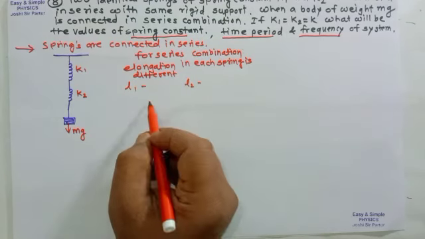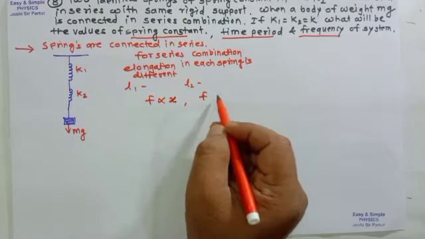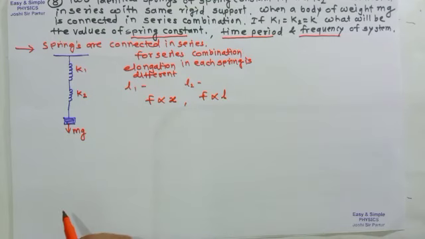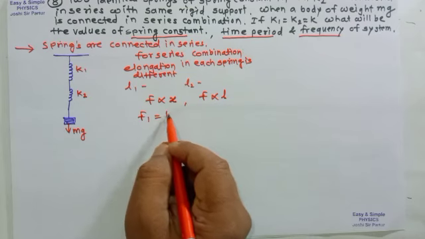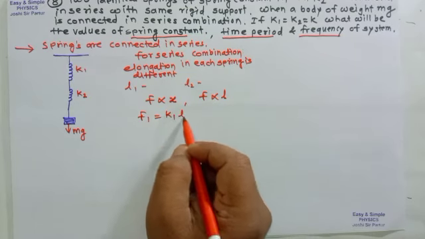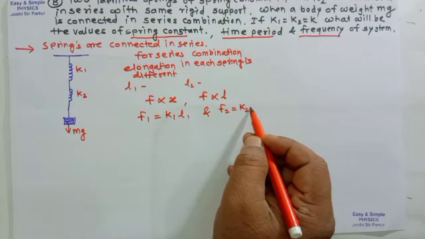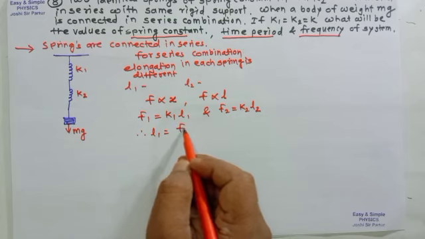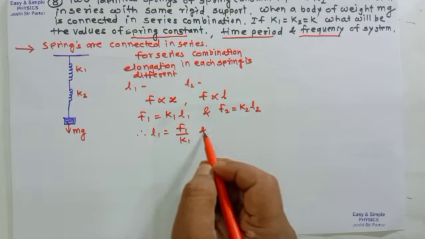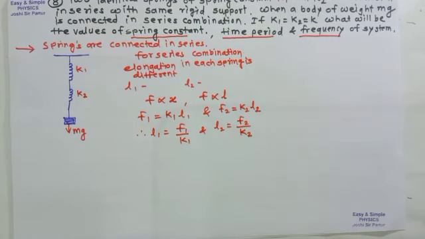So we know that F is directly proportional to X. So we can say that F is directly proportional to elongation. So here F1 is equal to K1 L1 in magnitude and F2 is equal to K2 L2. So here we can write L1 equal to F1 upon K1 and L2 equal to F2 upon K2. So the two elongations are given.